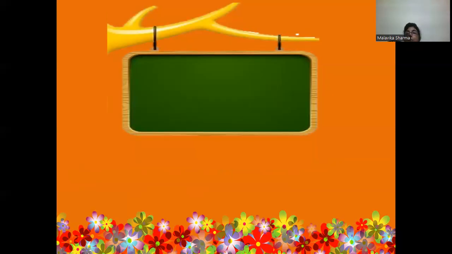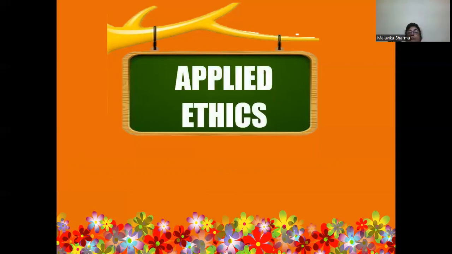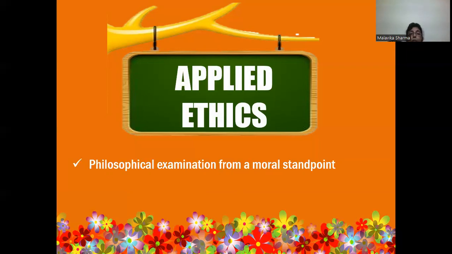So when we tend to apply whatever we disapprove of or whatever we approve of in a particular situation, after reflection, then of course we call it applied ethics. Now applied ethics is the philosophical examination from a moral standpoint.